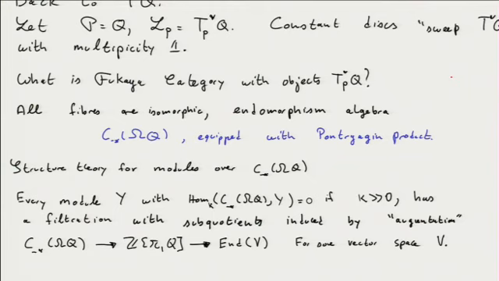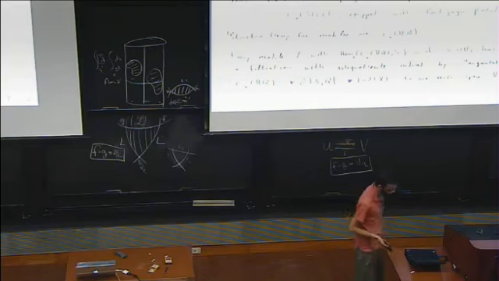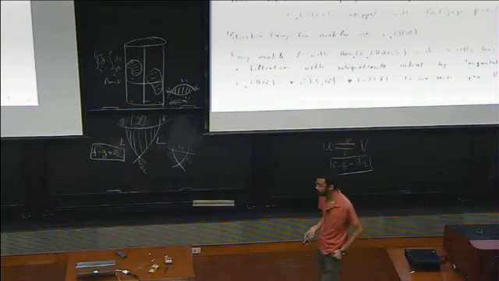Okay? So the answer is, if you use the one we call the wrapped Fukaya category, then what you get is that all the fibers are isomorphic to each other. And moreover, the endomorphism algebra of any one of them is just the chains on the based loop space equipped with the Pontryagin product. Okay?